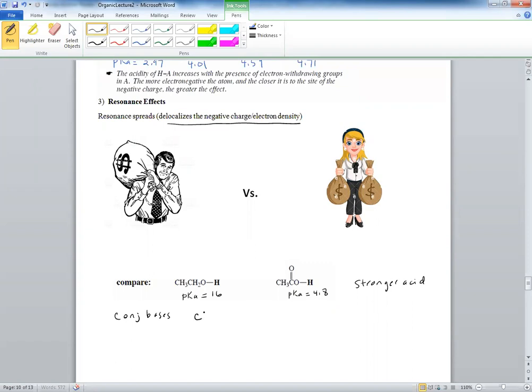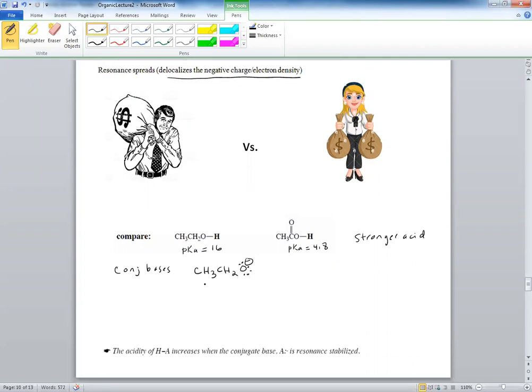The conjugate base of this one is CH3CH2O minus. And if I were to actually draw it even more, I'll keep the CH3 the same. I'm just going to draw this right here.